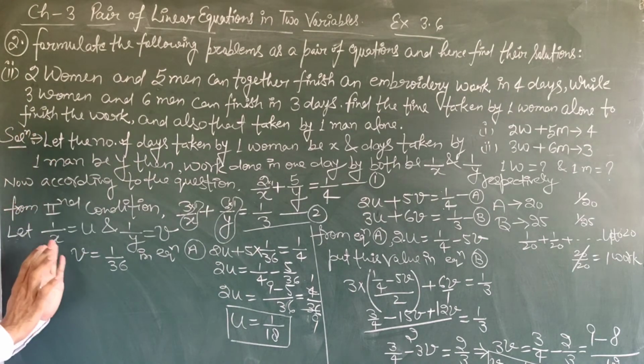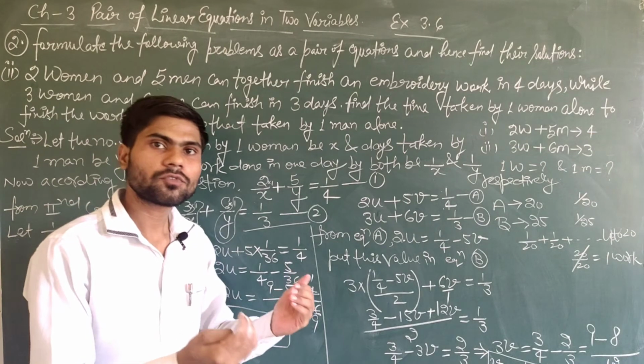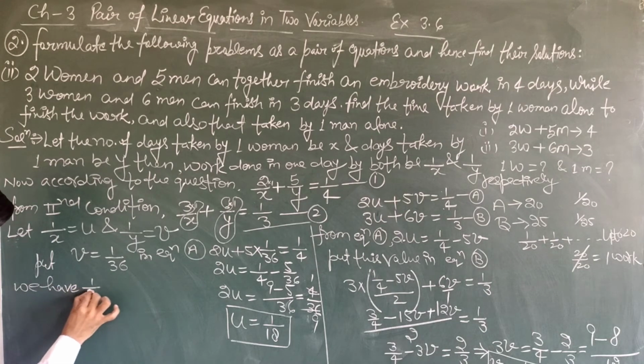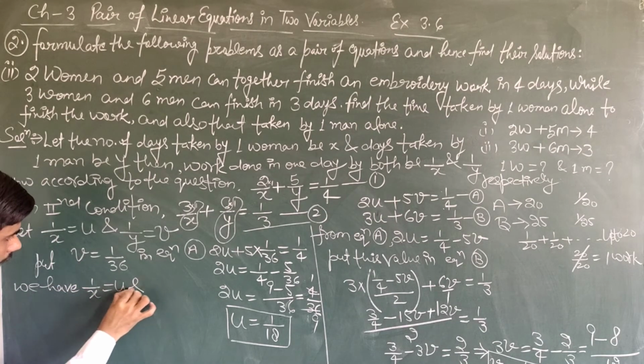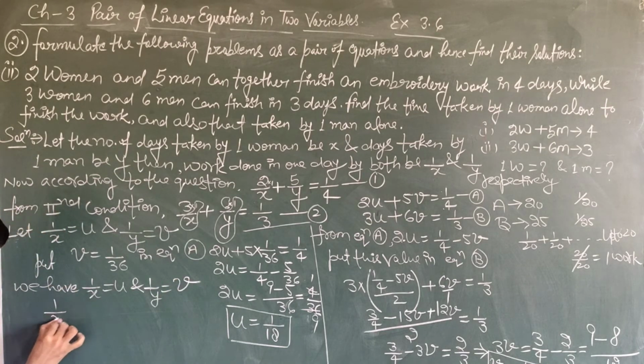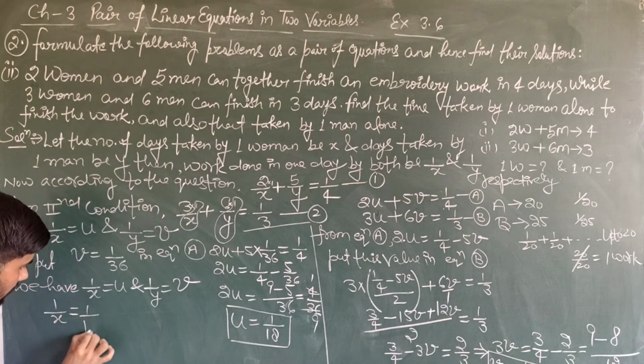But there is a problem. What is the problem? We have to find the values of x and y. Okay, no problem. We have 1/x is equal to u and 1/y is equal to v. 1/x is equal to u. What is the value of u? 1/18.